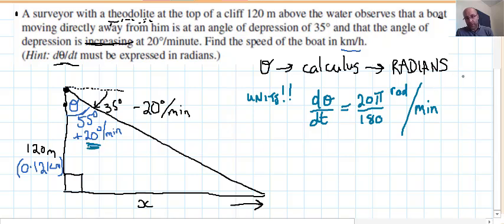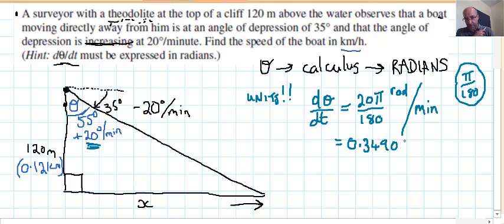Remember, pi on 180 will convert your degrees to radians. That would be 20 pi over 180 radians per minute, which boils down to pi on 9, or if you want to use a decimal, use plenty of decimal places. It's that in radians per minute.